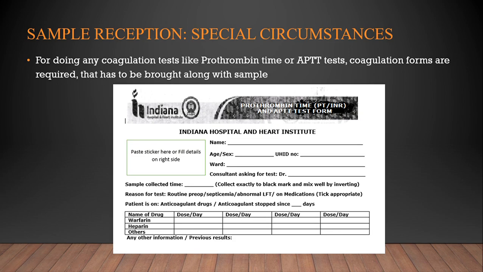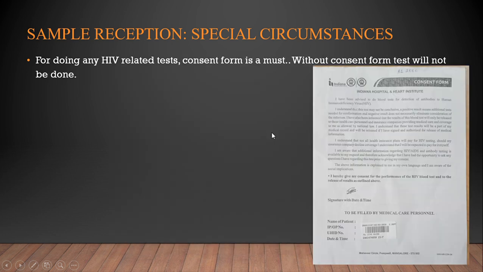Okay, there are some special circumstances which we have to look into. Those are, if the test involves any coagulation analysis like PT, APTT or anything like that, then we have got a form, and they have to enter the patient name, UHID, why they are doing this test, whether it is for operative procedures, or the patient's liver function is abnormal, or the patient is on anticoagulants, has a bleeding, or doesn't have a bleeding. All these things have to be entered, and they will send this form along with that particular PT or APTT test.